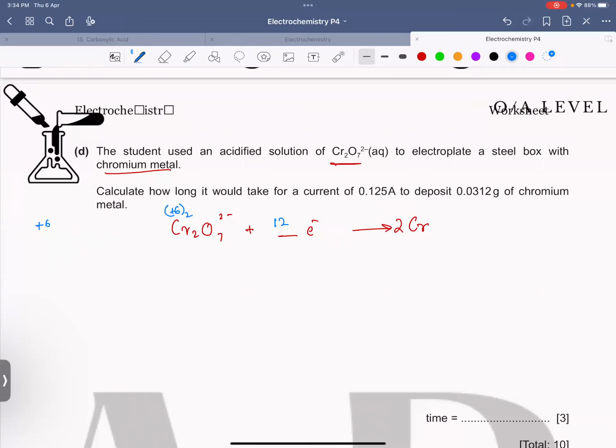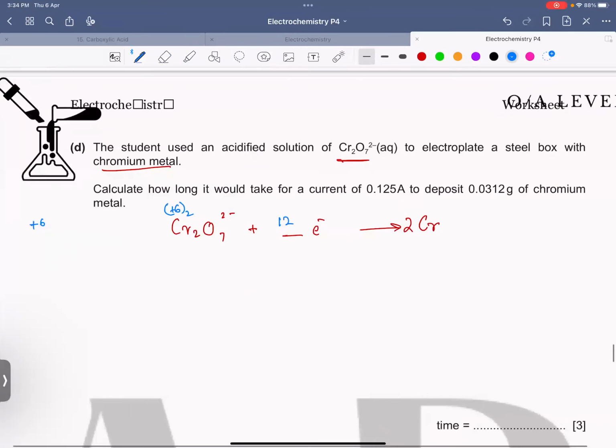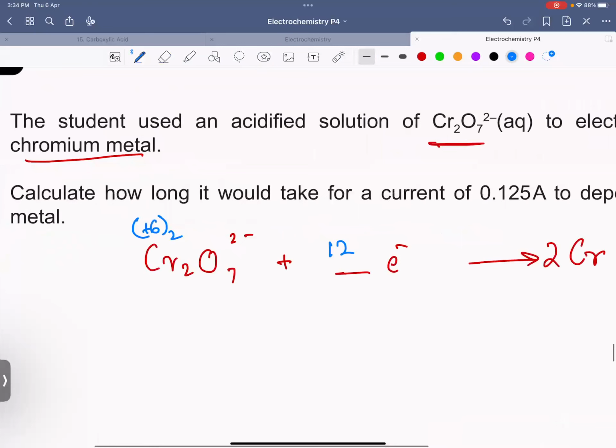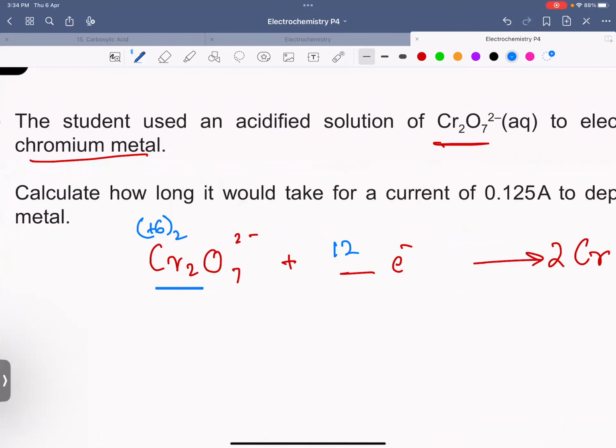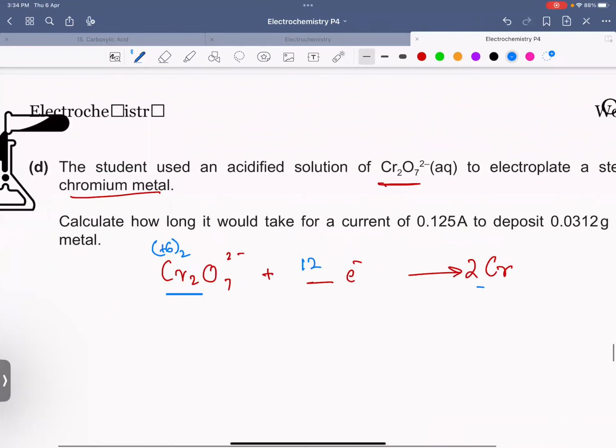But there are 2 chromiums, and both have a +6 oxidation number, and both are converting into chromium metal. So if I am using Cr2O7 2-, I must need 12 electrons, 6 electrons for each chromium atom. Yes, is this clear to everyone? Yes, Mariam, very good.